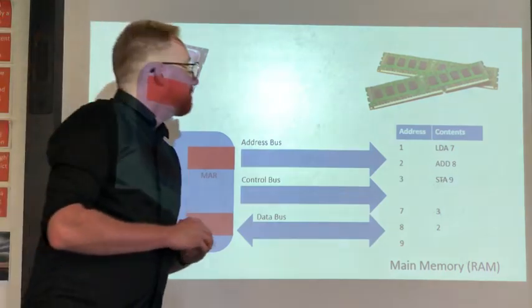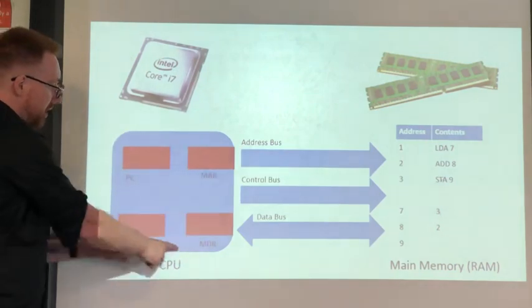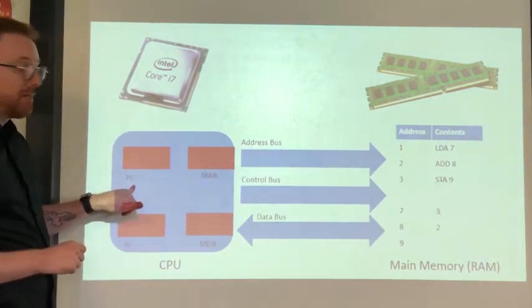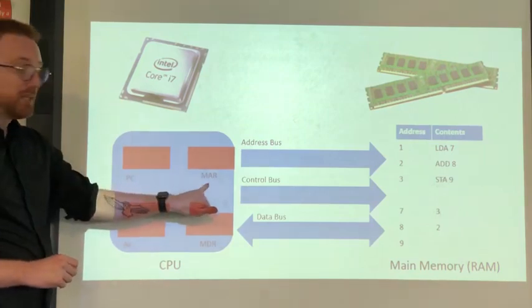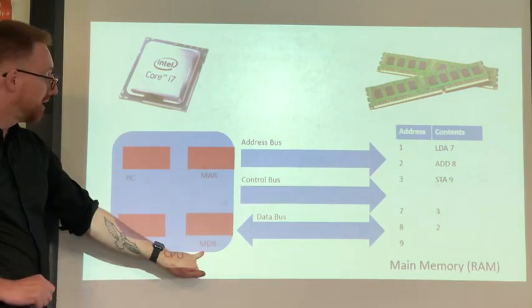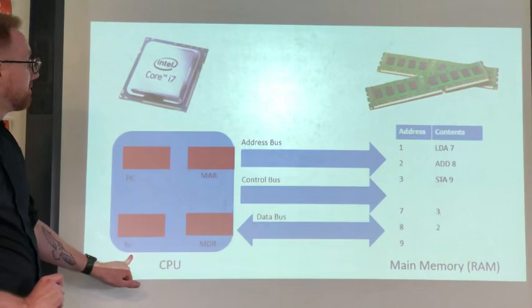So, what we have here is a diagram representing the registers inside the CPU. The program counter, here abbreviated to PC, memory address register, MAR, memory data register, MDR, and then the accumulator, which we've abbreviated to AC.